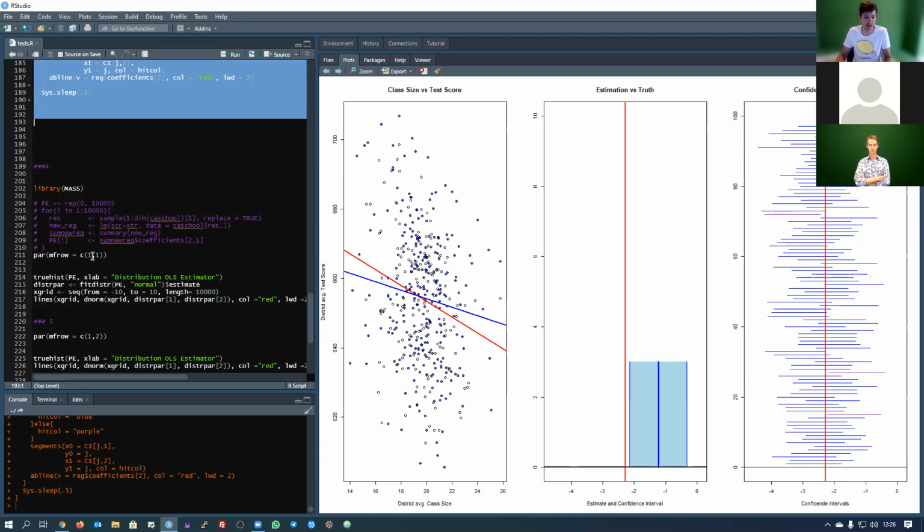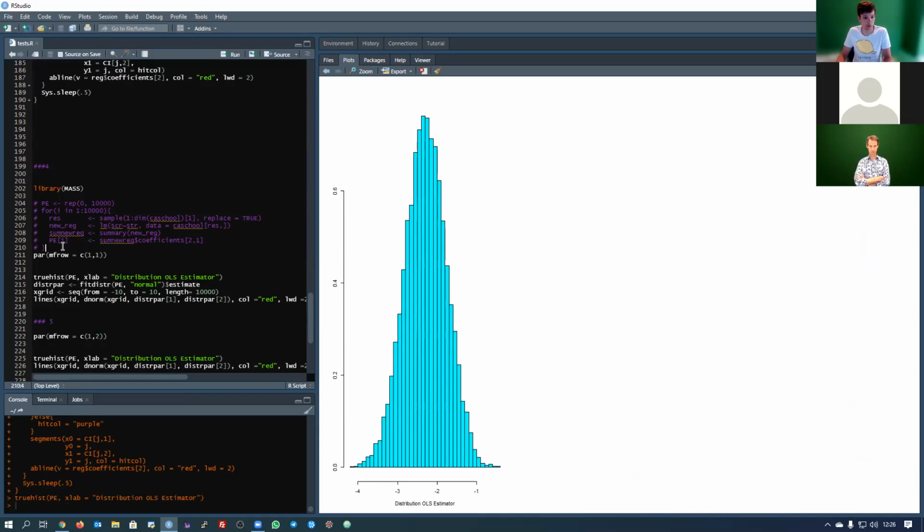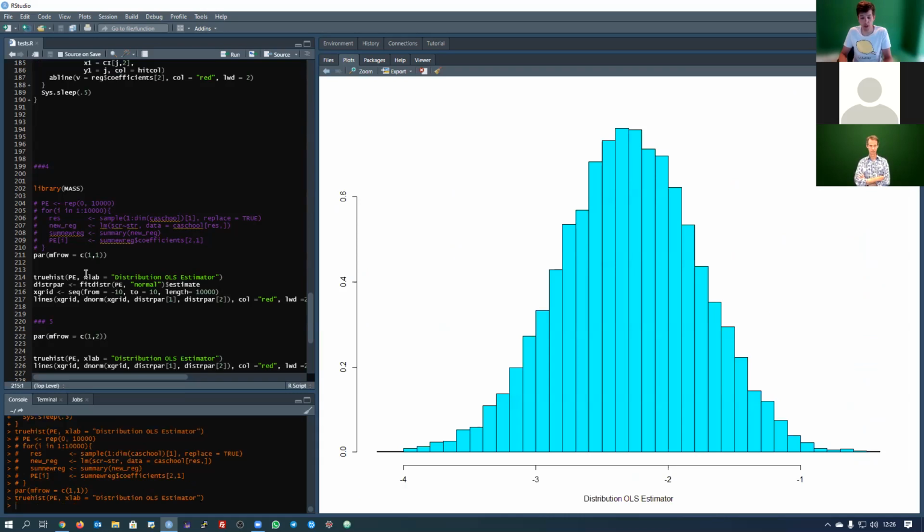So in large samples, and this sample here is 420 school districts, which is large enough for that approximation, this distribution is normal. Let's have a look whether or not this is true. And this one here is the histogram.